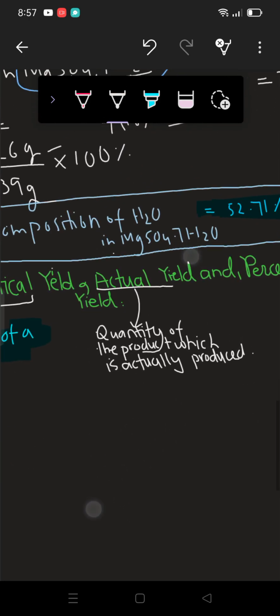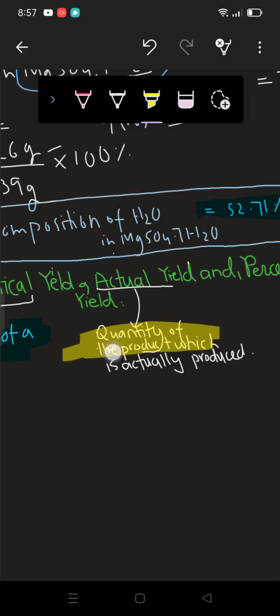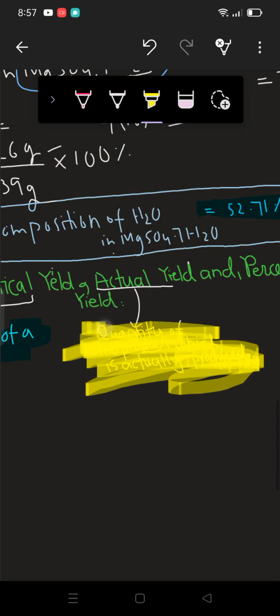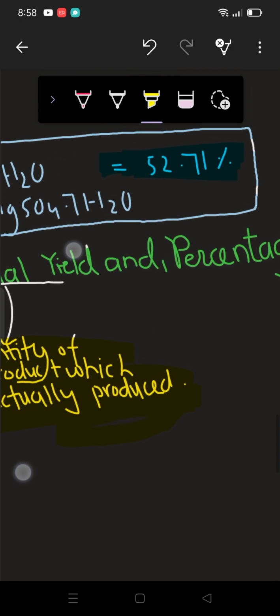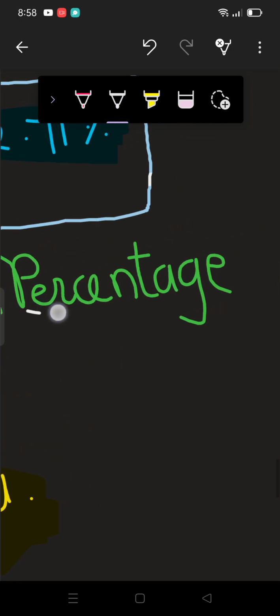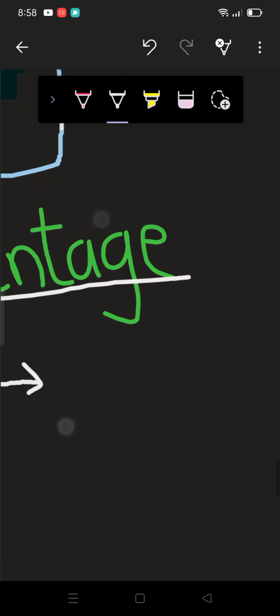Now we are moving towards the percentage yield. Wait, let me highlight this first. So what is percentage yield? When we divide the actual yield by the theoretical yield, and of course if we are finding the percentage yield, we need to multiply this by 100, right? So actual yield upon theoretical yield multiplied by 100 gives us the percentage yield. So we have the formula for finding this.